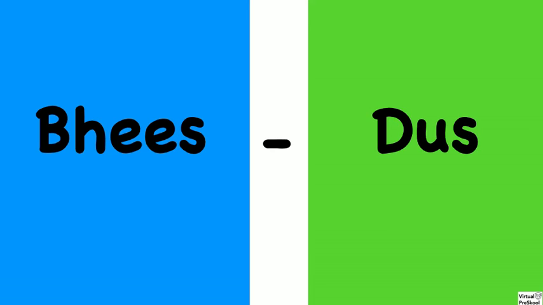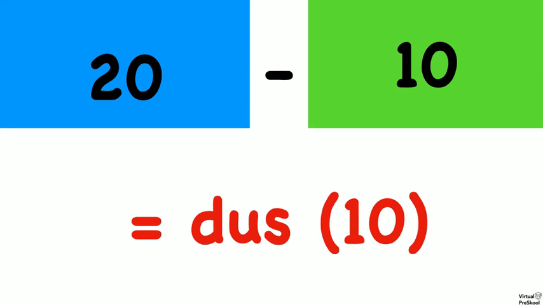We've already did that one just now. Das is 10. So what is 20 minus 10? 20 minus 10 is das, right? 10 again, and we say das.